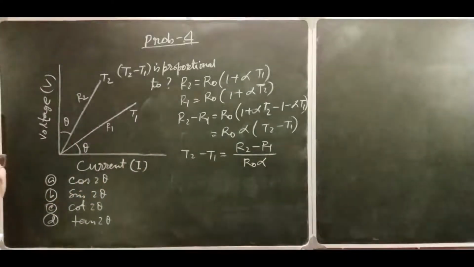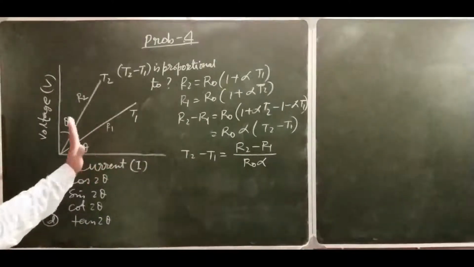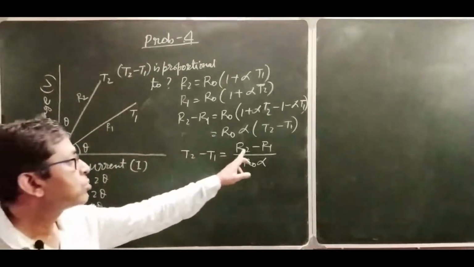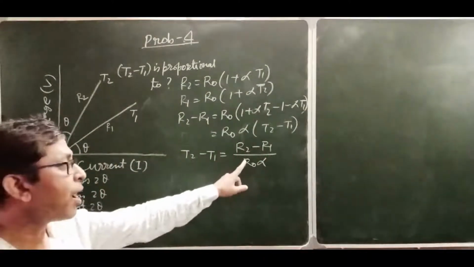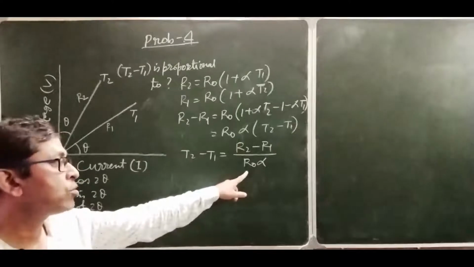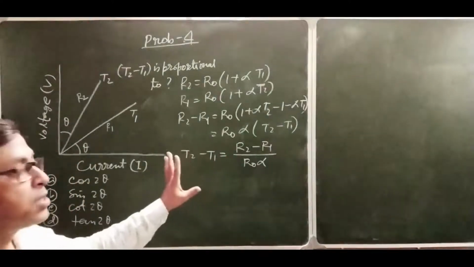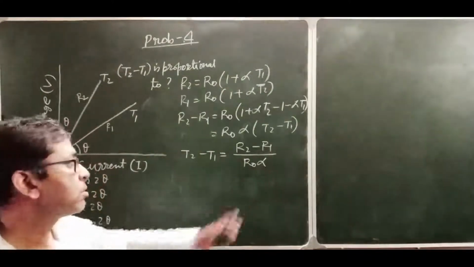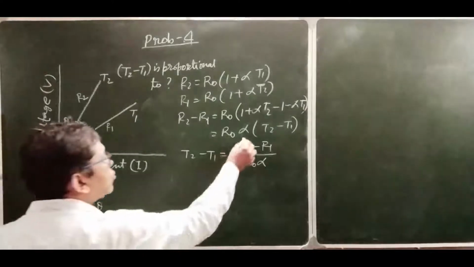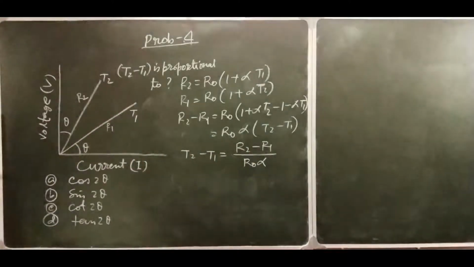Now when we change the temperature, the resistances change accordingly. So these R2 and R1 are different from R0, but R0 is constant, and alpha for a certain material by which the conductor is made is also constant. So this part is constant. Now what is R2 minus R1? It is the slope of this straight line.